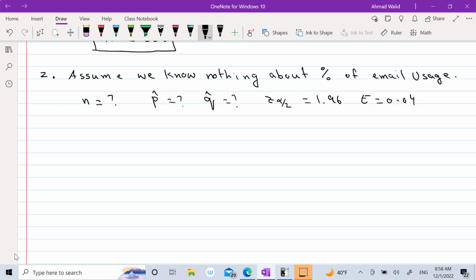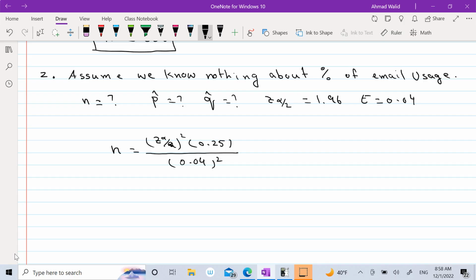In this case, easily you can use the second formula, which is n equals Z alpha over 2 squared times 0.25, because we don't know p hat q hat, we just put 0.25, over E squared, 0.04 all squared.